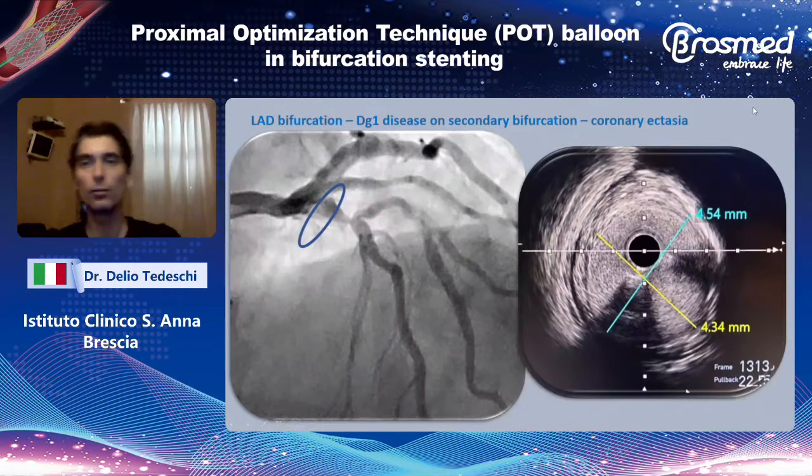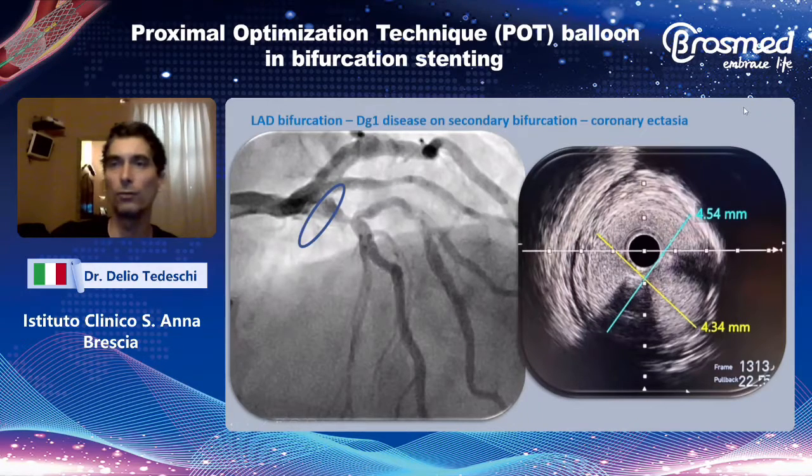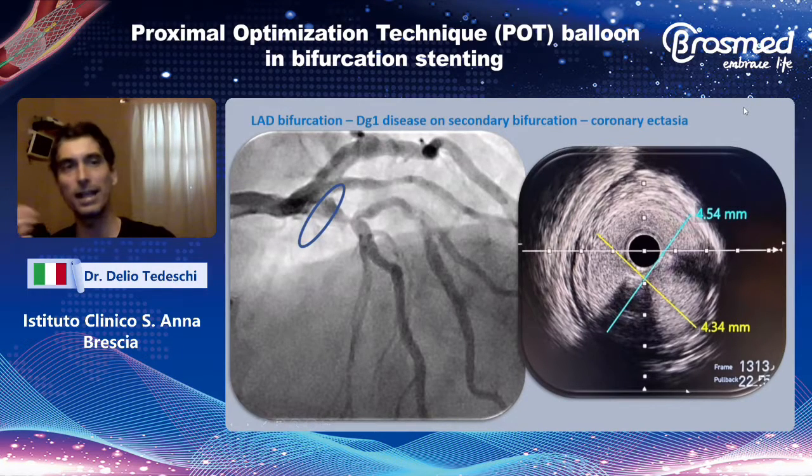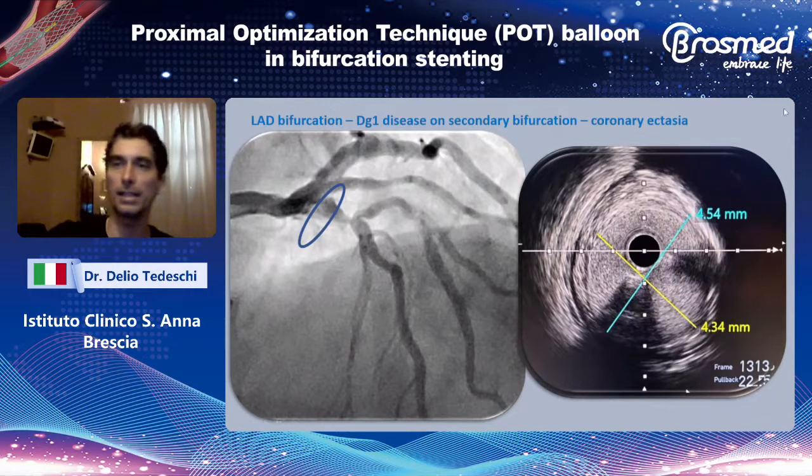The diameter was 4.5 or something more. 4.5 was the reference diameter of the proximal landing zone of the stent. So 3.5 and 4.5, but a very, very short segment of disease, so focal disease.